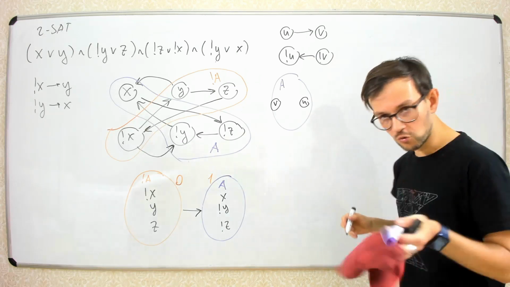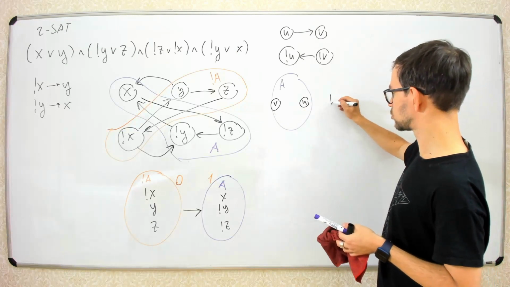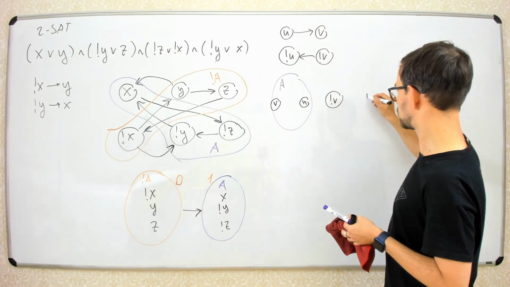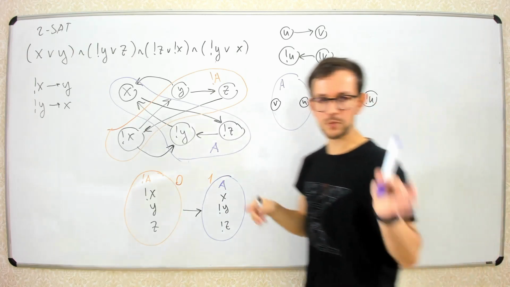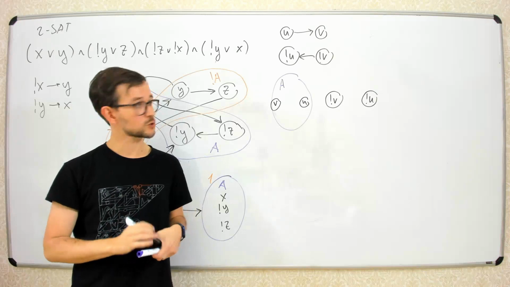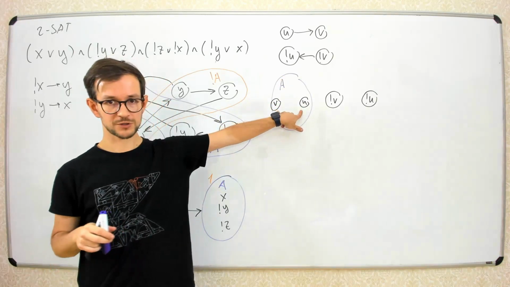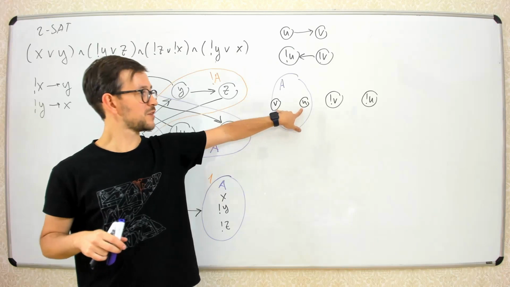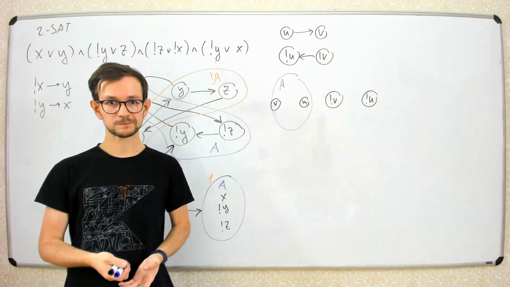Let's prove that the symmetrical nodes for these two nodes, V and U, will also belong to the same strongly connected component.